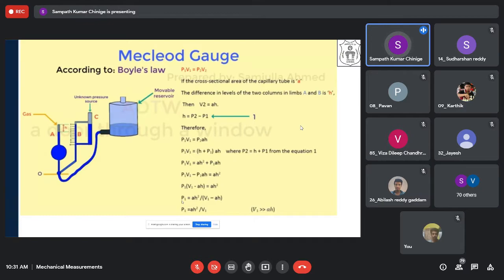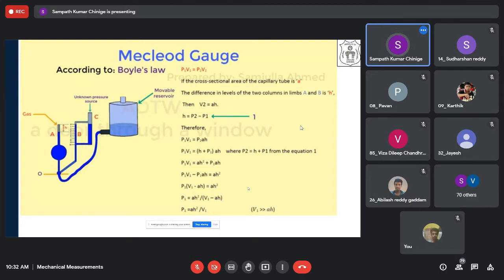V1 is the volume of the complete section from point O to the top, whatever the area of the tube. So this is how I will find the unknown vacuum pressure by using the McLeod gauge.